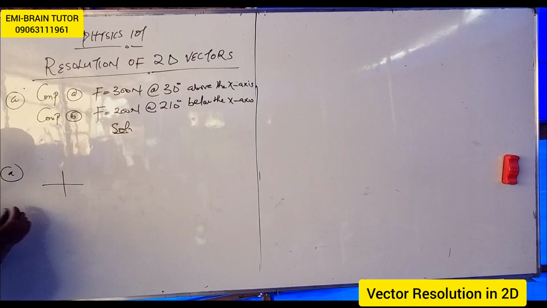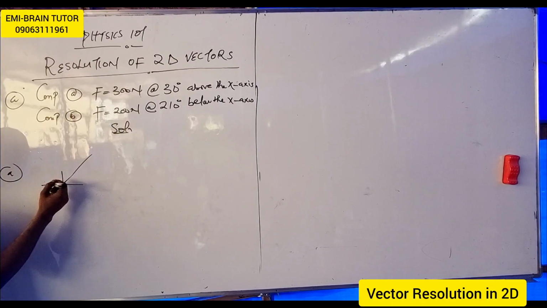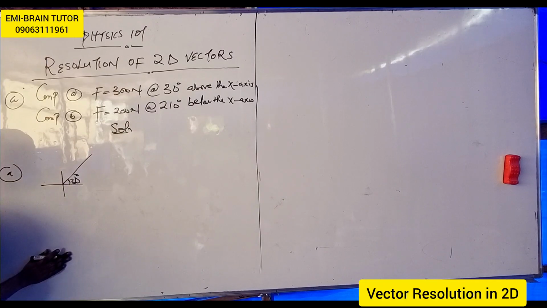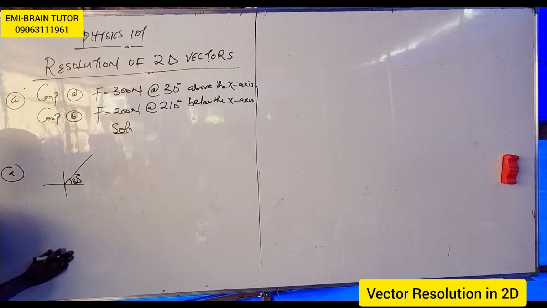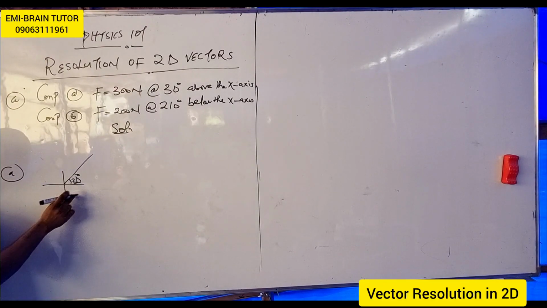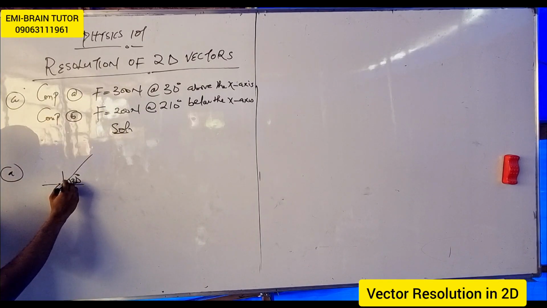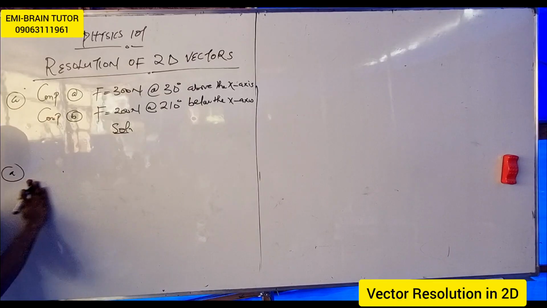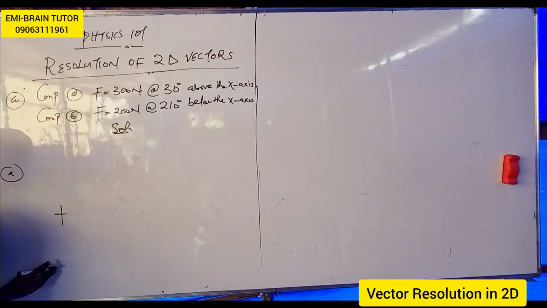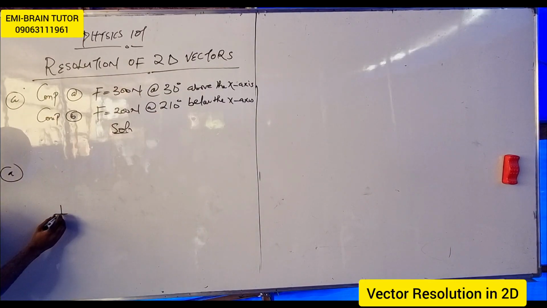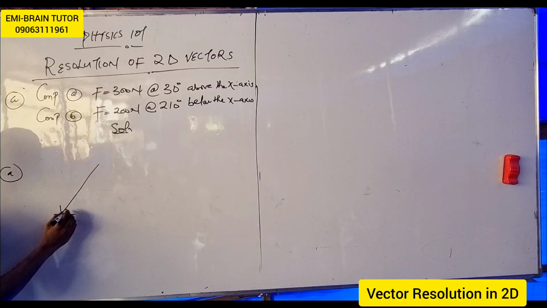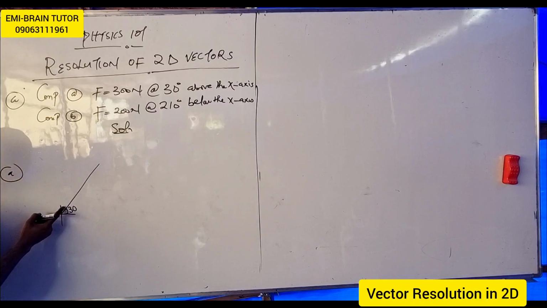It means I'll go above. Above means I'm coming here. Here is 30 degrees. Are you getting the concept? When I say below, below is under. Let's finish this first. If you don't understand, ask now, not after. When I say above, it means I'm going above. What angle is there? 30.